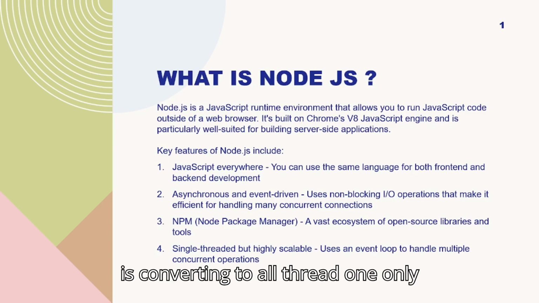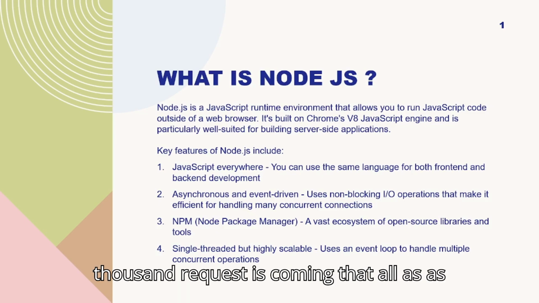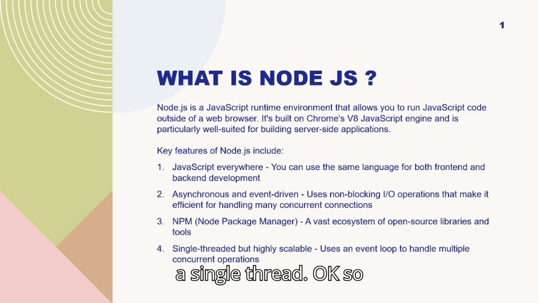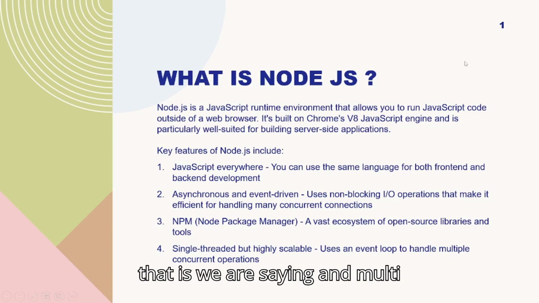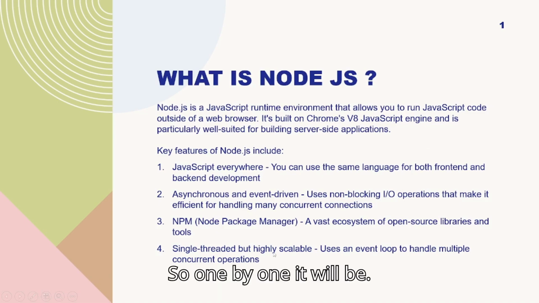It is not thread 2, thread 3 like that, it is not separate. It is a single thread. If 1000 requests are coming, they are all handled by a single thread, and we do multiple concurrent operations one by one.